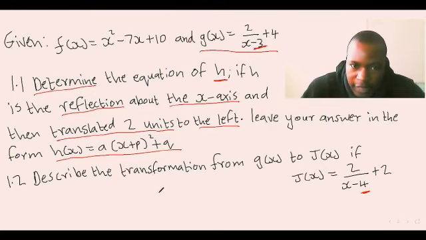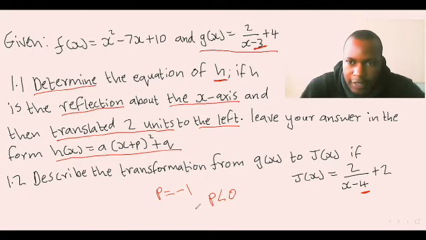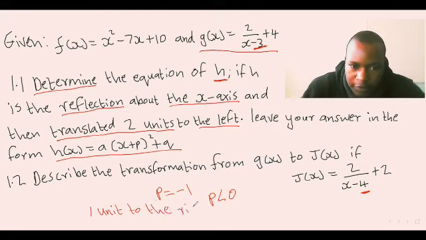So it means that p was equal to negative 1, so 1 unit was subtracted from it. Remember that that would be a negative p, which means that the function was translated 1 unit to the right.